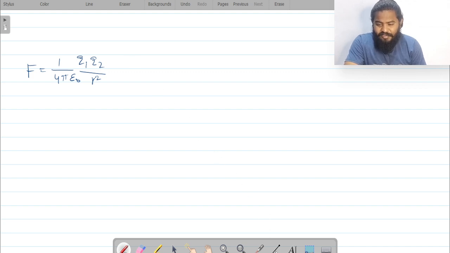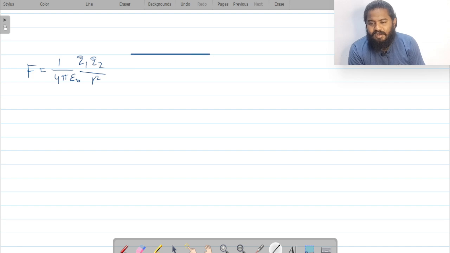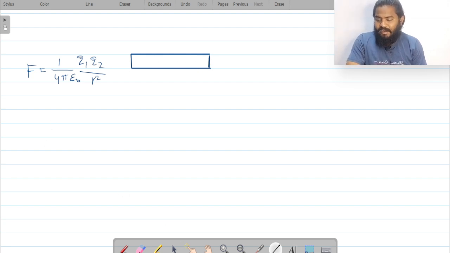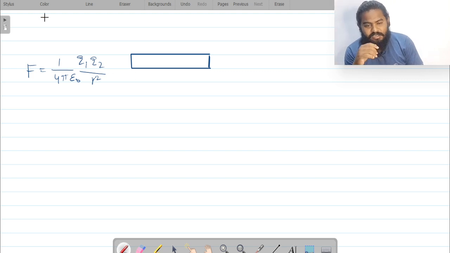For example, if you take a uniformly charged rod, let me consider a rod. This is the uniformly charged rod, right? It is linear. Now this rod is charged uniformly.